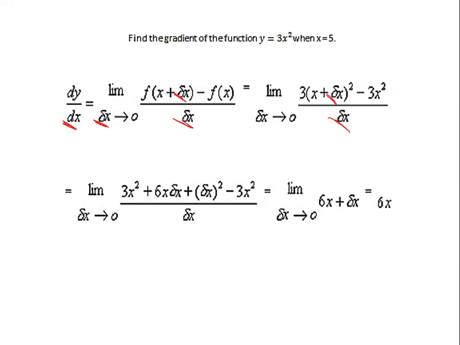I think this problem is not complete because they ask you to evaluate it when x equals 5. So when x equals 5, dy/dx will be equal to 6 times 5, you get 30. Right? So the gradient of the function y equal 3x squared when x equal 5 is 30.